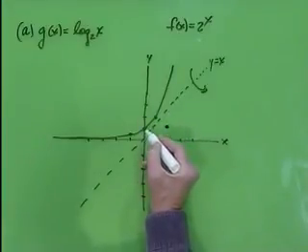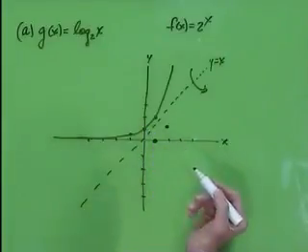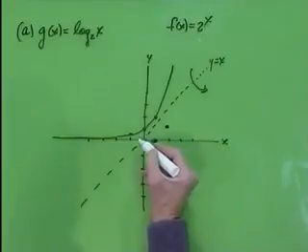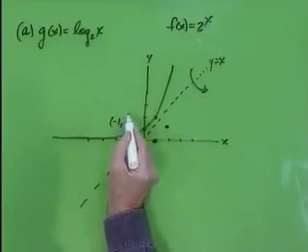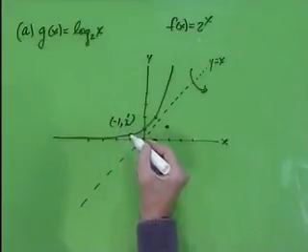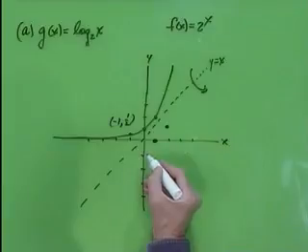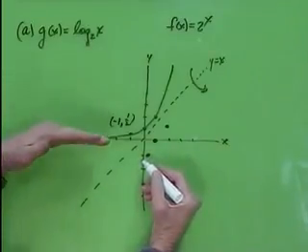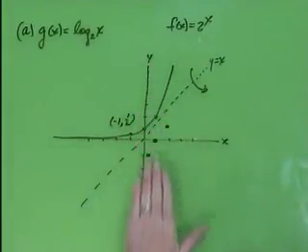And the point (0, 1), when I flip it over, will become what? (1, 0), right here. And the point (-1, 1/2), let me write that one down. Negative 1, 1 half, when I flip it over, it'll become (1/2, -1). And even more than that, the horizontal asymptote, when I flip it over, will become a vertical asymptote.